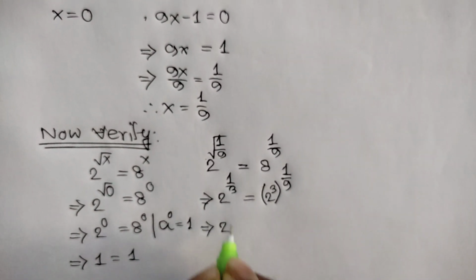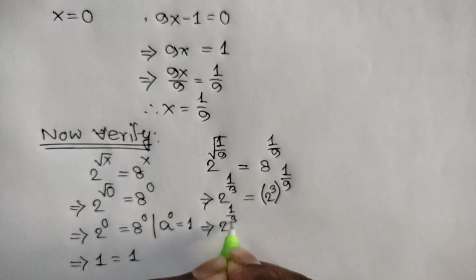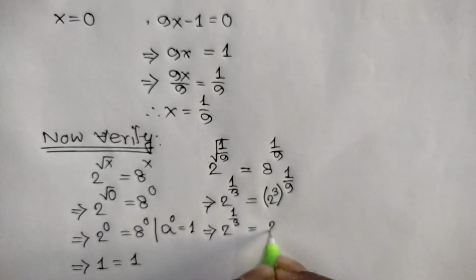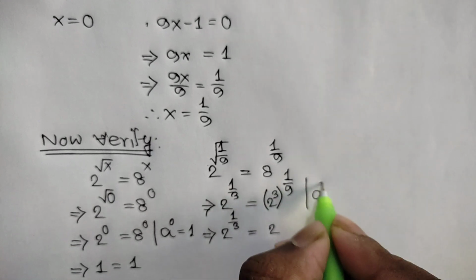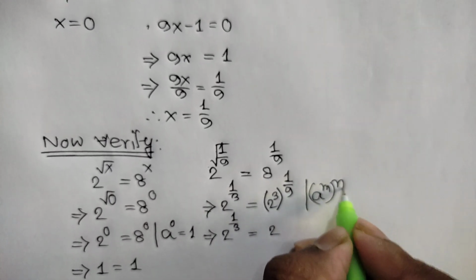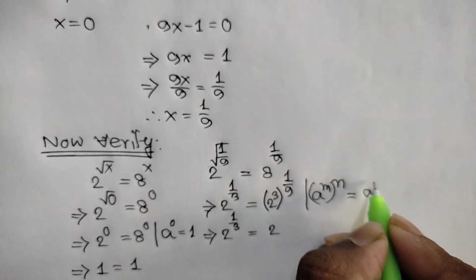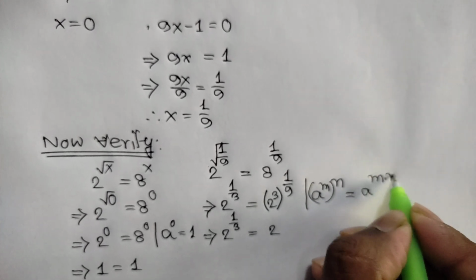So 2 to the power 1 over 3 is equal to, here we can apply this rule: a to the power m whole power n is equal to a to the power mn.